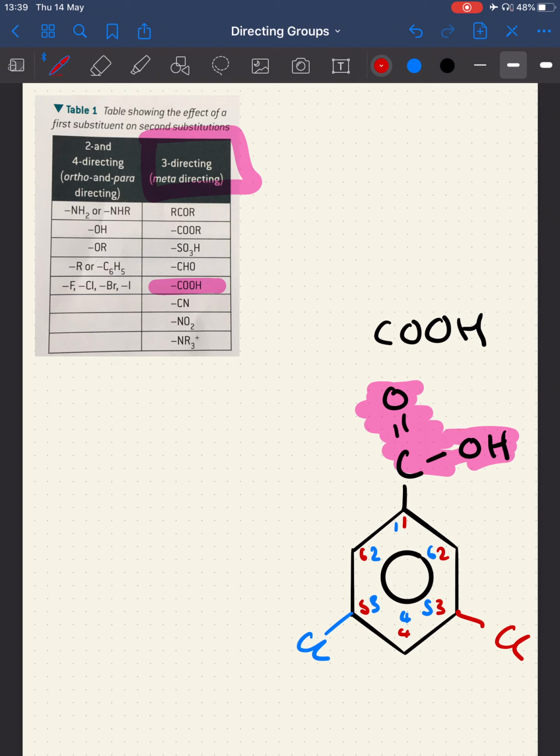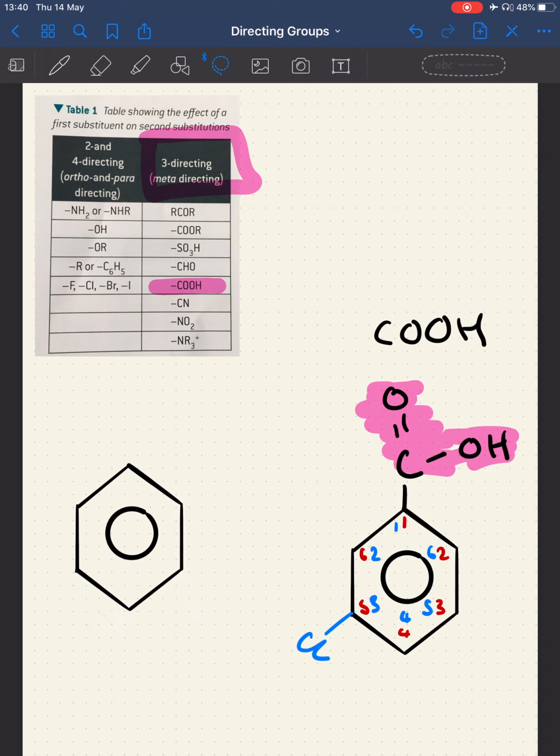And therefore, we're looking at monosubstitution. You can draw it like that, or we can draw it like that.